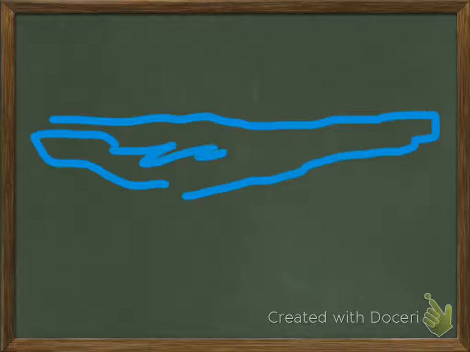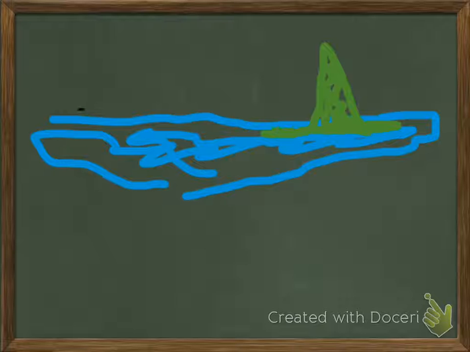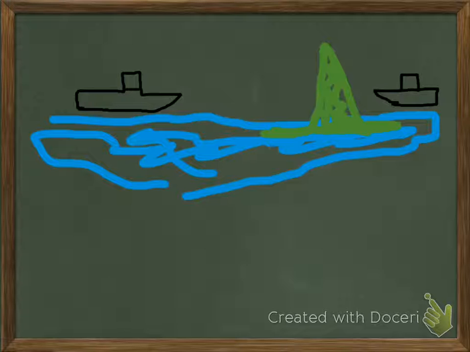Okay, so here's our problem. We're on the ocean, and we've got an island between us in our big ship and the enemy ship, and we want to lob a shell over the island and hit the ship.